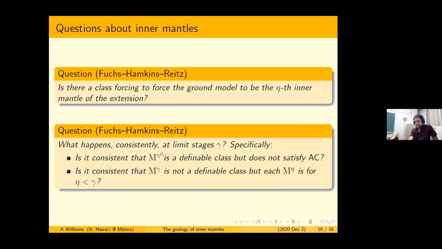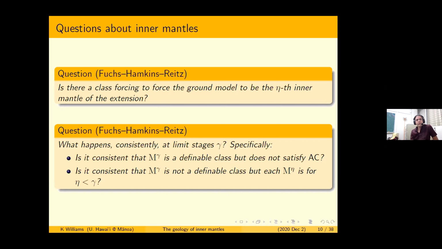And you can also ask, is it a definable class but doesn't satisfy AC? So we know the mantle satisfies AC. This intersection thing guarantees ZF, but it doesn't by itself guarantee AC. Okay. If these questions look a bit weird, let me point out that these were asked about the sequence of iterated HOD and answered for those by Mckenzie, Yak, and Zadrożny.